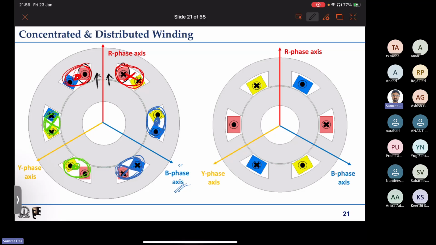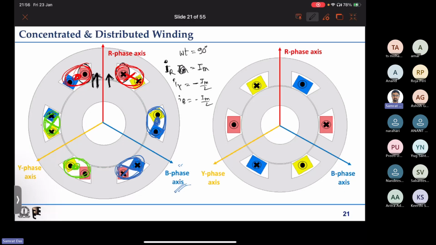Now for the yellow phase, if it is cross here, and say we are at omega t equal to 90 degrees, then iR is Im. I should basically use a smaller letter for that. iy is minus Im by 2, and ib is minus Im by 2, right? So whatever is the flux at this instant, it will be twice.